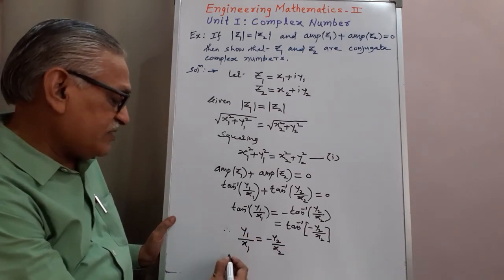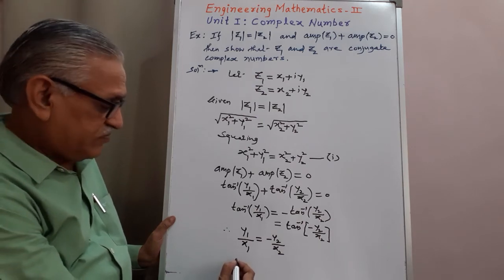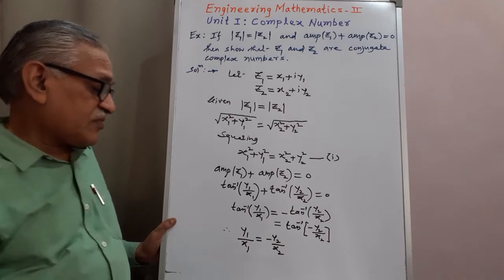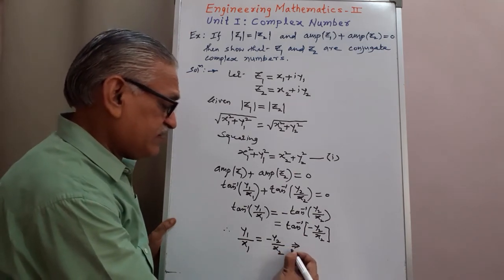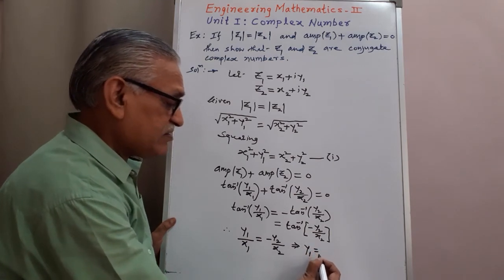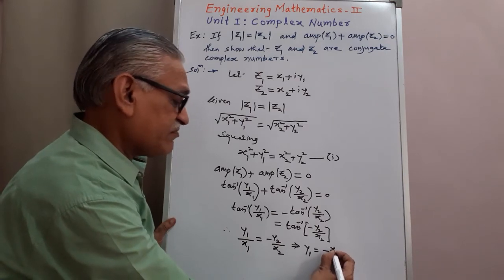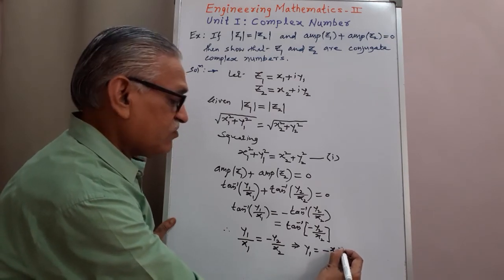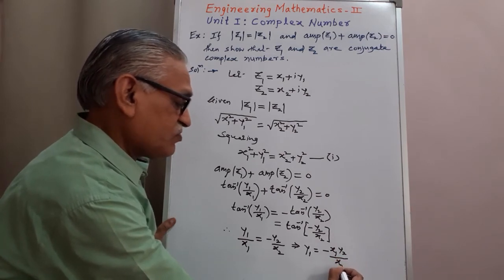Solving it for y1, this implies we get y1 as minus x1 y2 divided by x2.